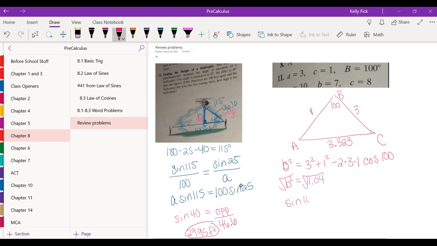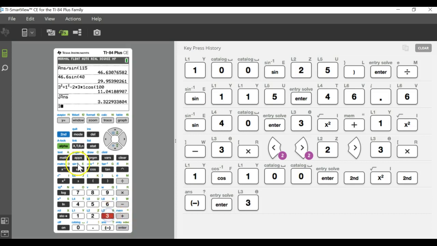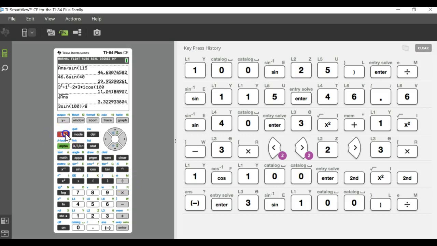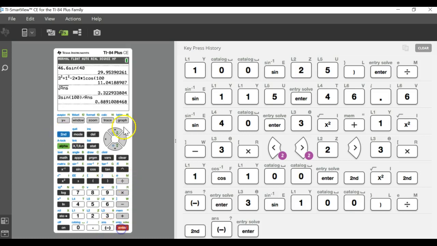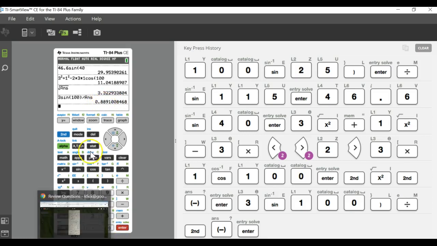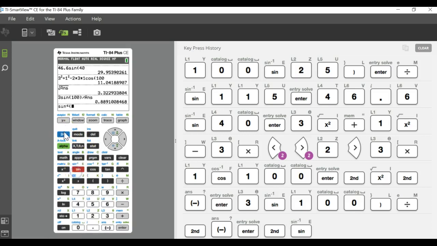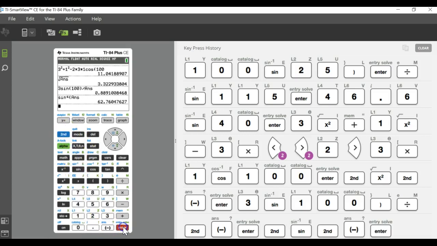So I'm going to do sine of 100 over 3.323 equals sine of A over 3. So from that, I'm going to get 3 sine of 100. Close my parentheses, and I'm going to divide it by that previous answer. So I get 0.8891, and then I have to do sine inverse on that to get 62.8 degrees.